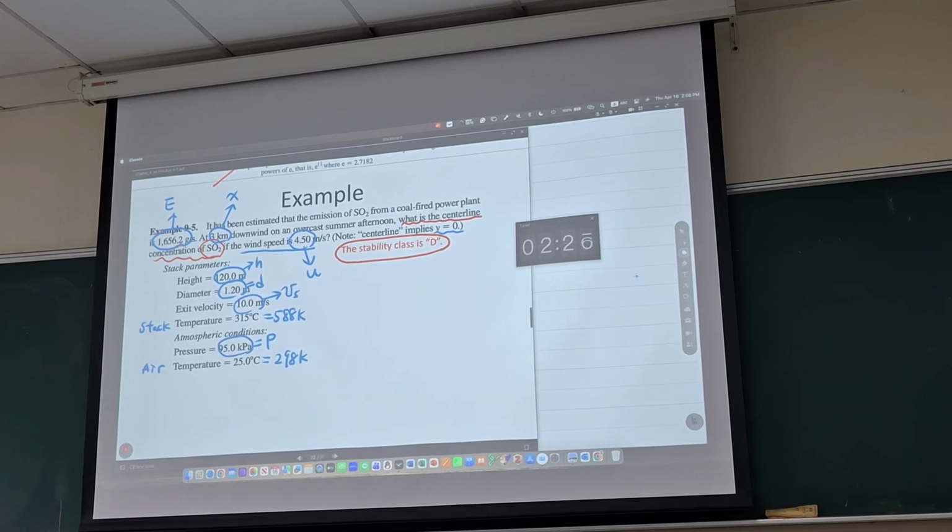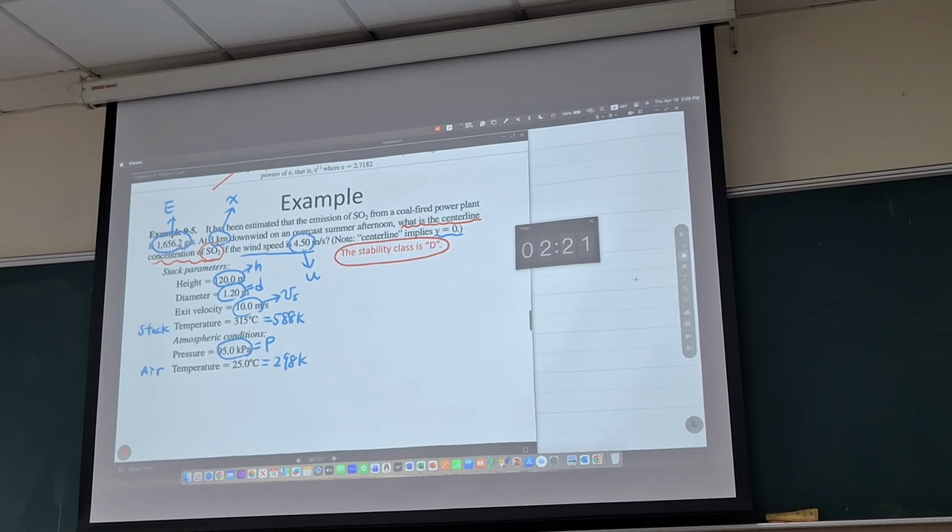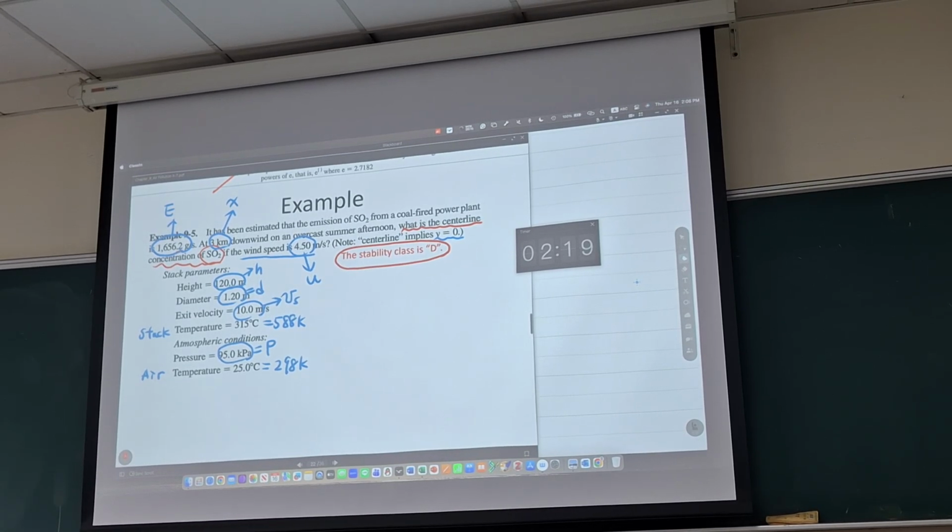I will just ask you how to apply the equation. It won't ask you to derive, only to apply. So you need to know how to use it. Understand? So we have everything here.